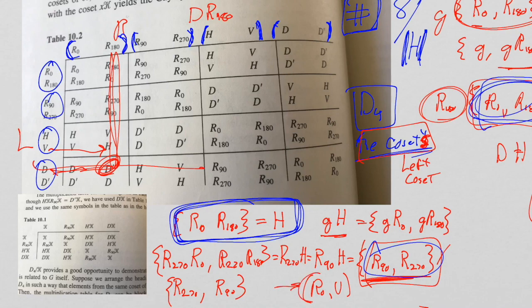This group itself, R0V, is a subgroup of D4, obviously, but it has no subgroups other than just R0 and the whole group itself, right? So it's only got the two trivial subgroups, the set of just the identity and the entire group. So it can be that a group has no subgroups.